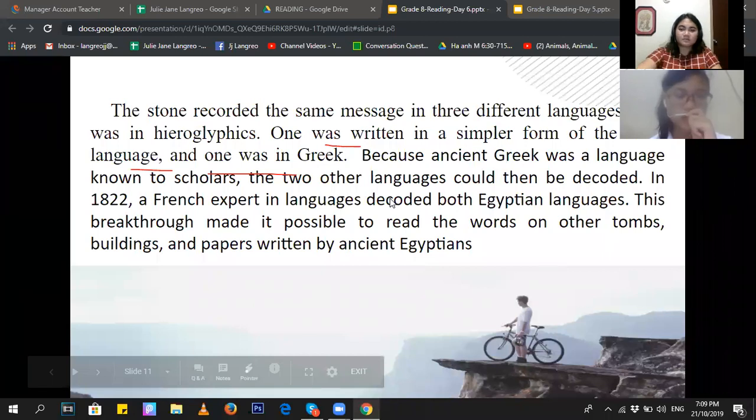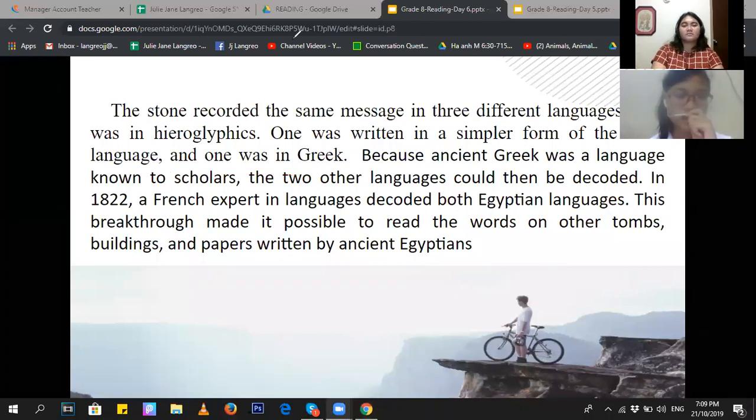Continue. The stone recorded the same message in three different languages. One was in hieroglyphics, one was written in a symbol form of the same language, and one was in Greek.